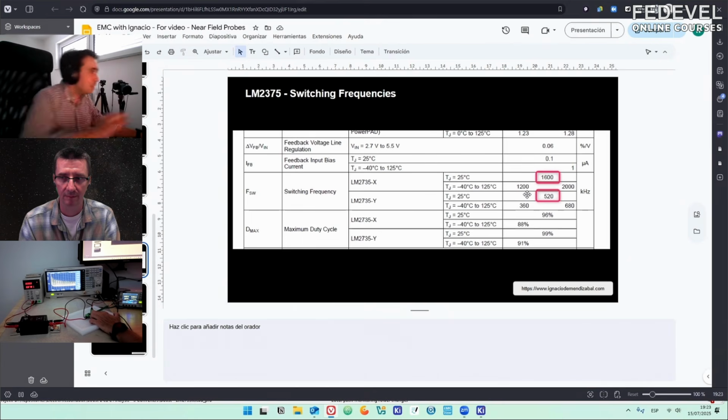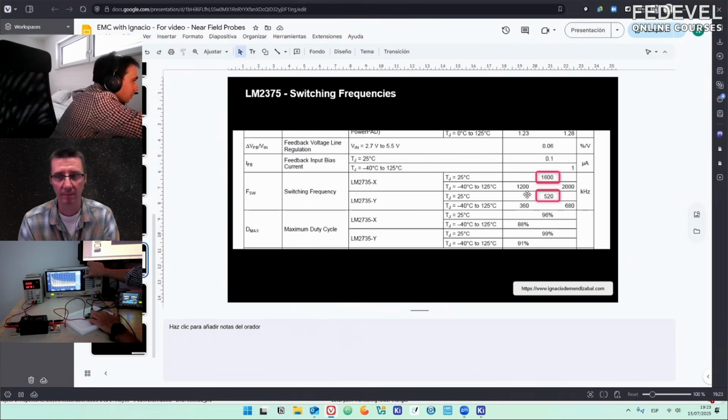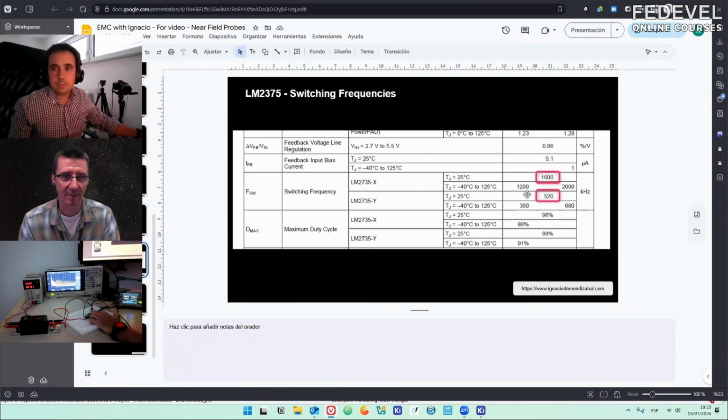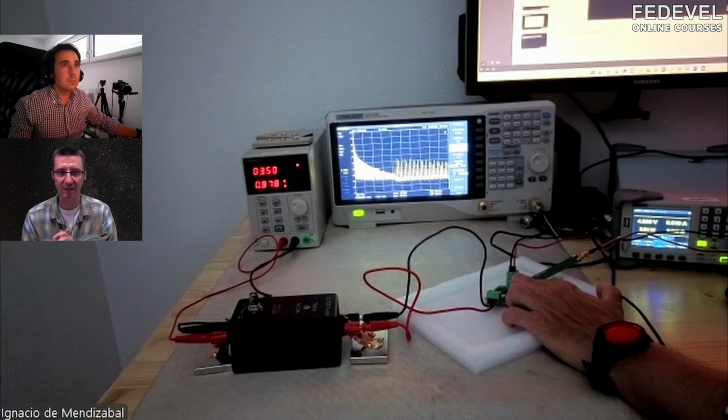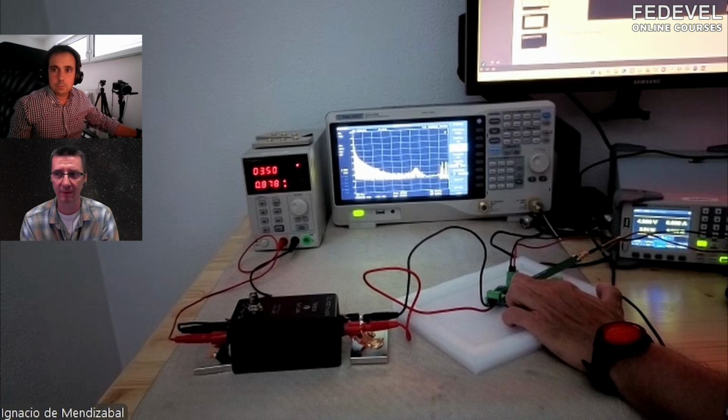Basically, this means that if it's only one frequency, it doesn't mean there is only one frequency. There will be peaks on all the other frequencies which are multiples of the first frequency.